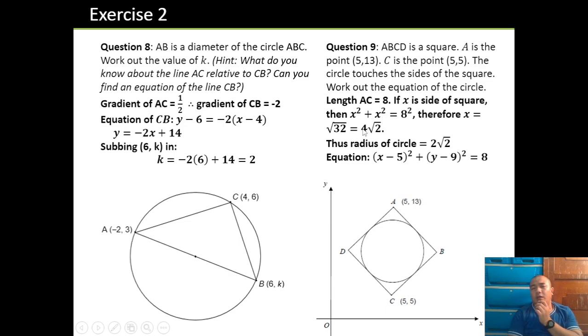Therefore, x is equal to 4 square root of 2. Yan yung side ng square. Therefore, the radius is 1/2 of 4 square root of 2, so 2 square root of 2. So pag in-square mo yan, 8. And therefore, the center is at (5, 9), the midpoint ng AC. So the equation is (x - 5)² + (y - 9)² = 8. Equation of the circle.